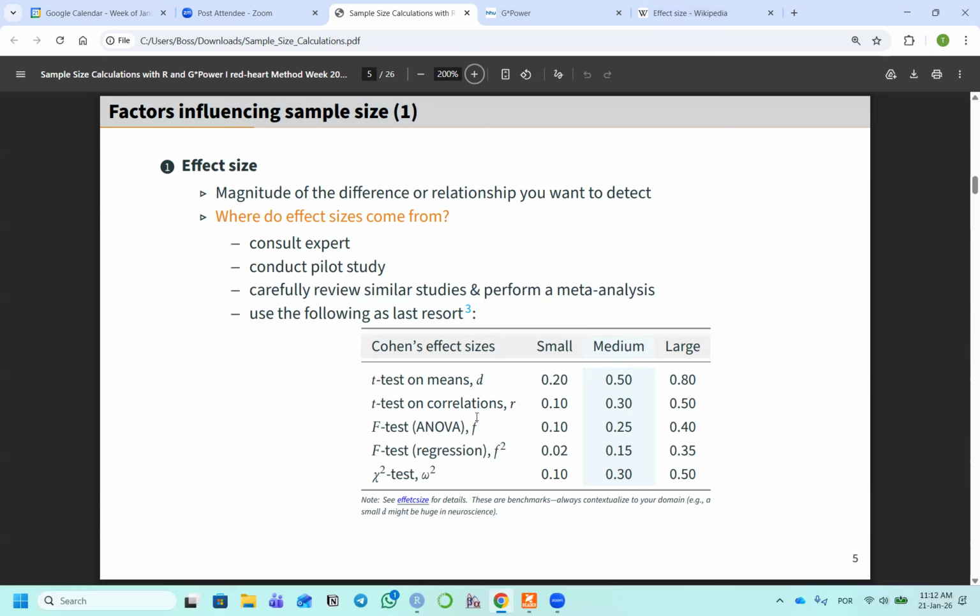Basically, if you are conducting a t-test, probably comparing two means, small is considered as 0.2, medium is considered as 0.5, and large effect size is considered as 0.8. There are also benchmarks for the F-test, maybe for ANOVA, for regression, for correlation, and maybe for the chi-square test of independence, and you can check them out. I would suggest that you use these things as a starting point. Otherwise, just stick to the pilot study or maybe conducting a meta-analysis.